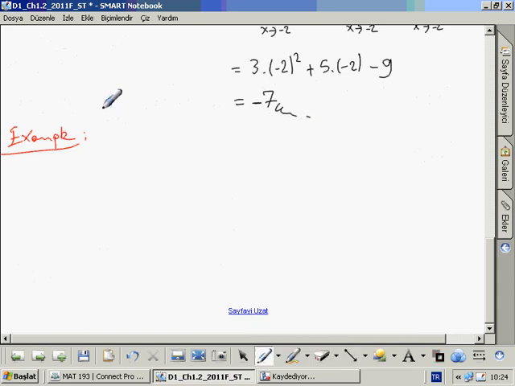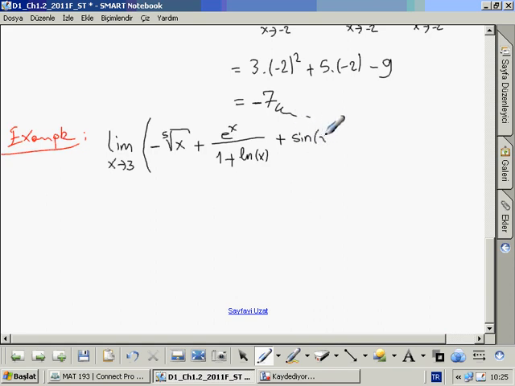And the same question, of course: evaluate the following limit, the limit as x goes to 3 of the parenthesis minus 5 root x plus e to the x over 1 plus ln of x plus sine of x times cosine of x.